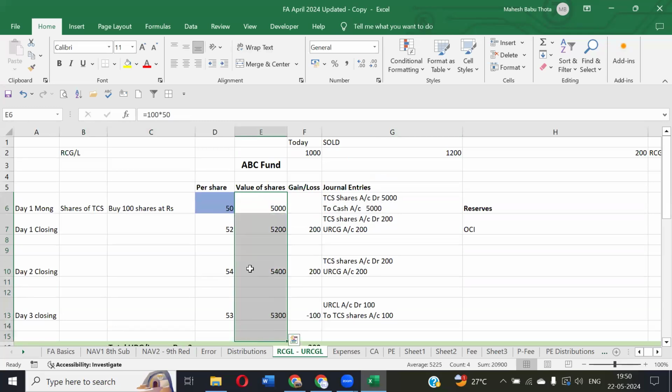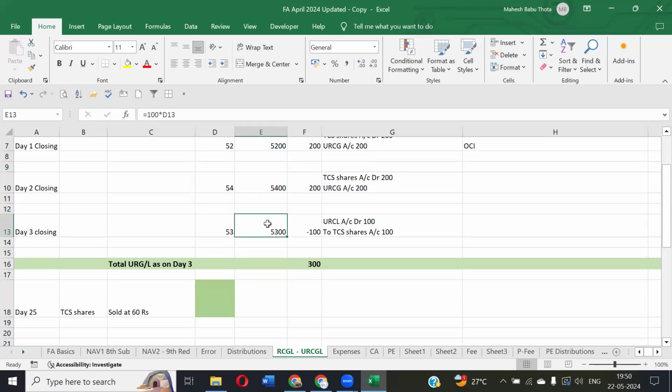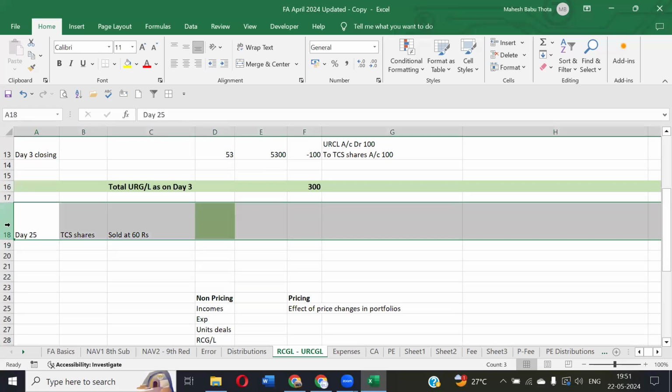In mutual funds, definitely there will be daily fluctuations in security market prices, so there will be asset value changes. Whenever there are changes in asset values, the total net asset value will be impacted. Understood?